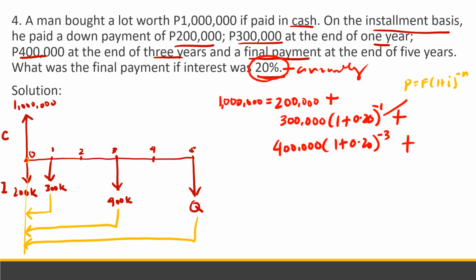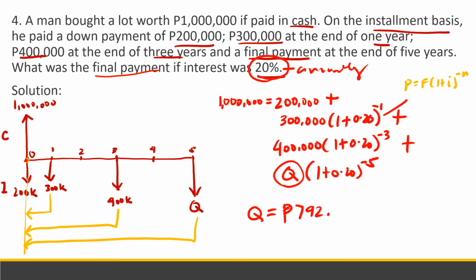This assumes that our 20% is annual. If it is not mentioned in the problem, the assumption is automatically annual. And then our Q times 1 plus 0.20 to the power of negative 5 years. The only unknown in the problem is Q. By simply solving the equation, our Q, the final payment, is equal to 792,560 pesos.